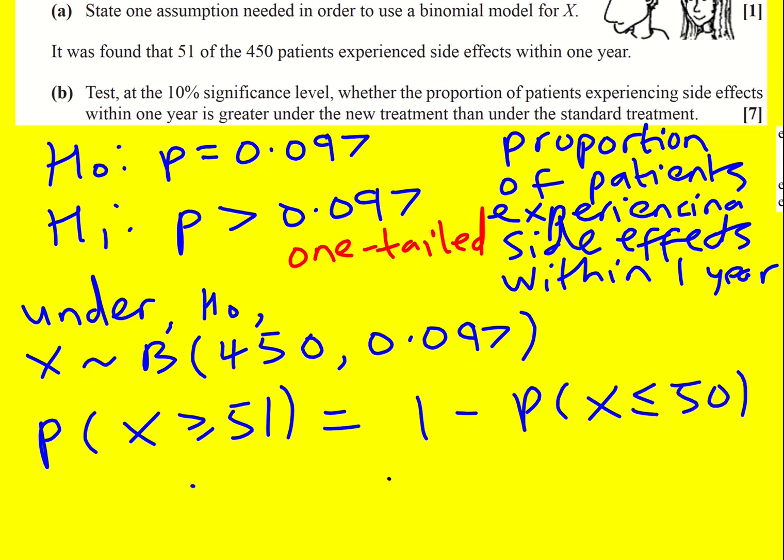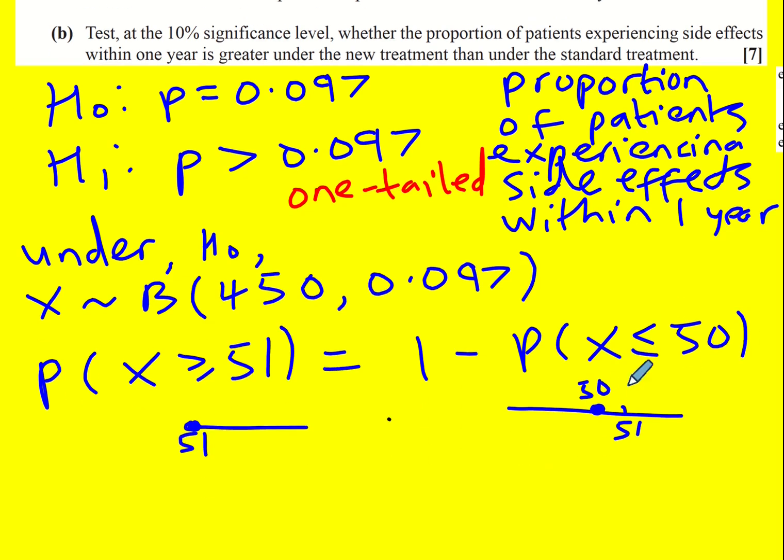Because here, basically, I've got everything that's beyond 51. So basically, I need to take the whole spectrum, but then minus everything to the left of 51, so 50 onwards to the left. Because our calculator can deal with that, we can put it in.